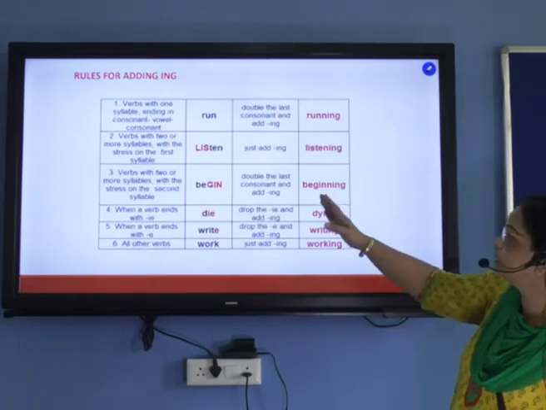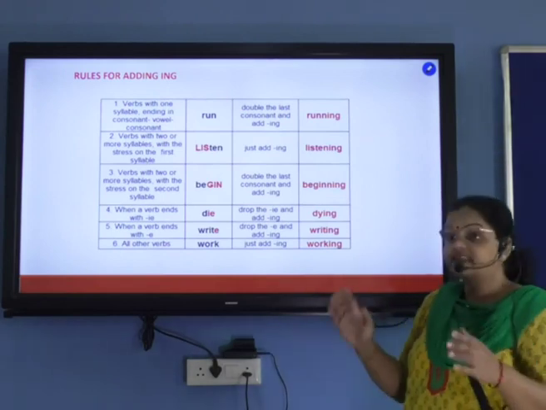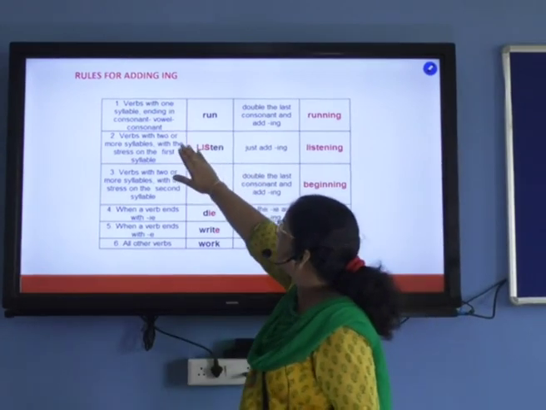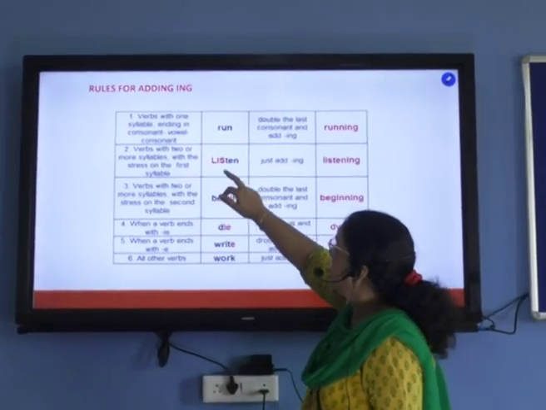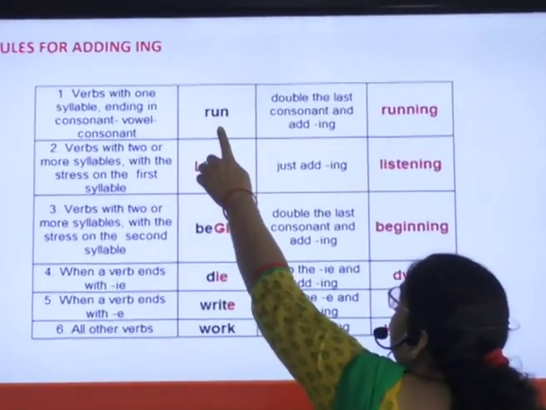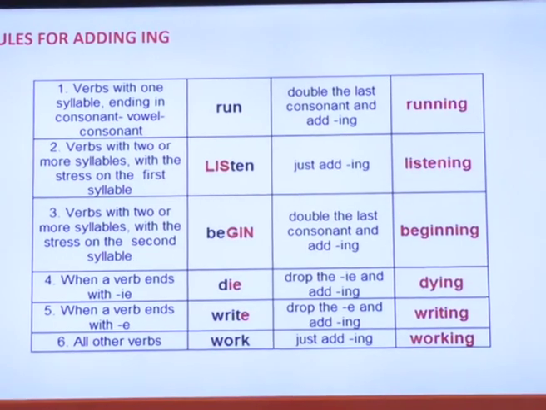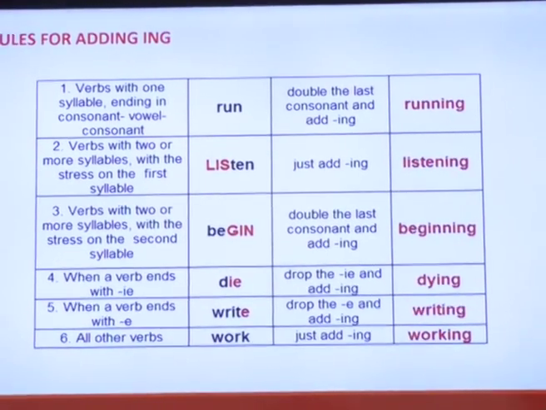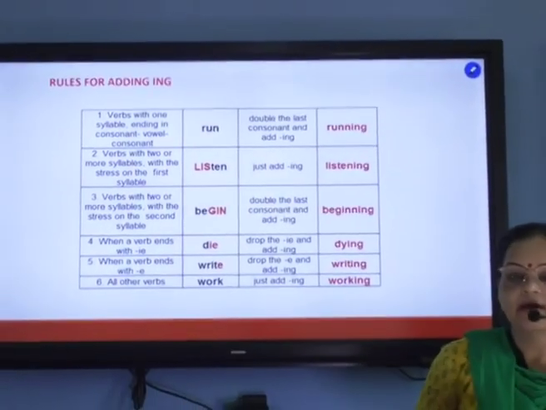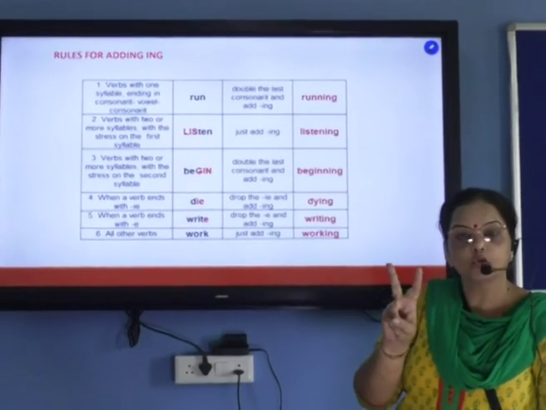Okay, now the rules for adding ing. Many students make mistakes in adding ing. Now what is the mistake? If the verb has one syllable and ends in the CVC pattern, that means consonant, vowel, consonant. What is one syllable? Like I say, run, one syllable. When I say listen, two syllables.